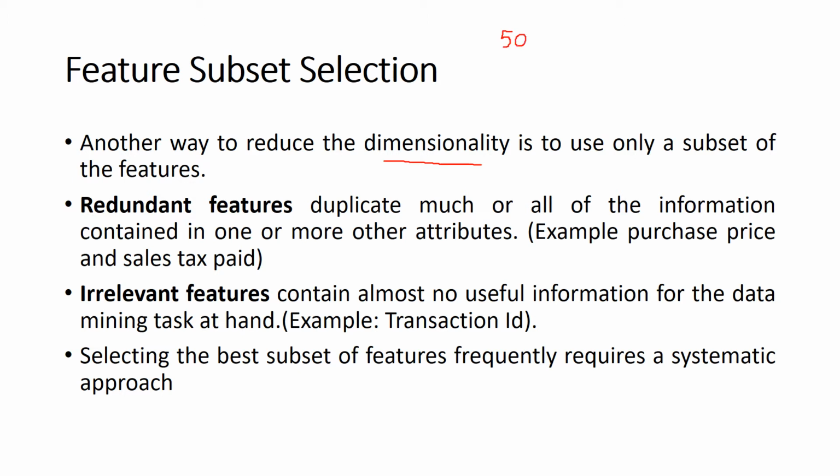Among these 50 features, there might be a few features, let us say three features, from which there is a possibility of creating one feature. So in dimensionality reduction, those three features are combined to produce one. In this way, we reduce two features in the data set.